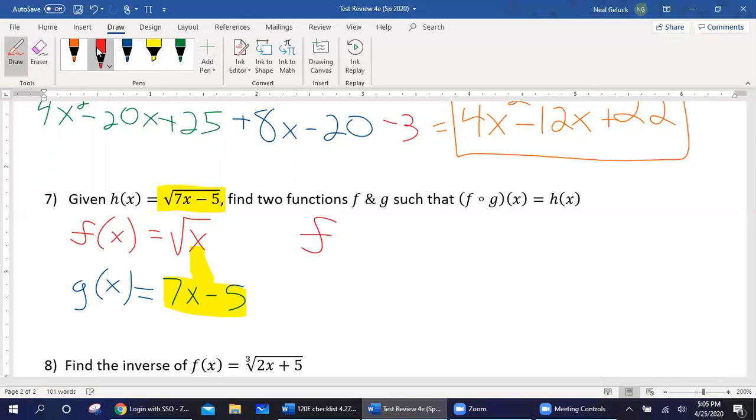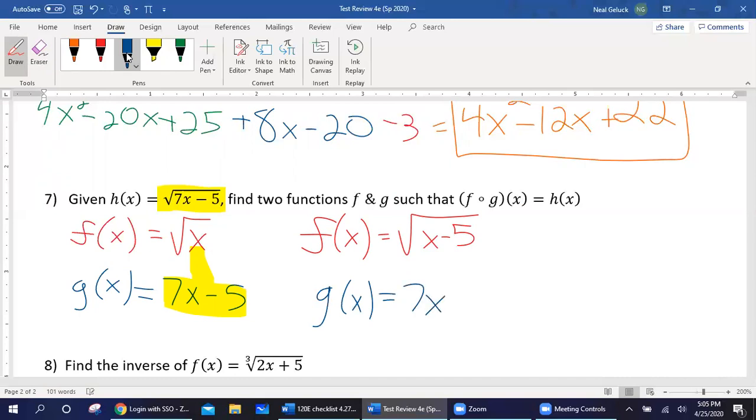You could make your f of x function square root x minus 5. If I did that, my g function would be just 7x. Still works, because if I take 7x and plug it in for x, I get back to the original function.